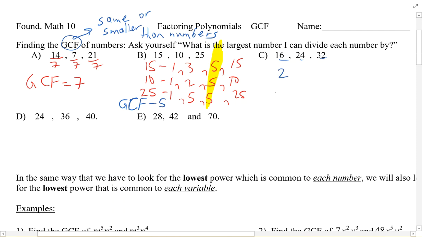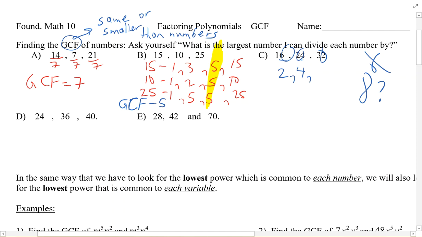What about 16, 24, and 32? I know 2 works for all of them. I know 4 works for all of them. Is there another larger number? Let's see. 6 works for 24, but it doesn't work for 32 or 16, so 6 is not one. What about 7? Doesn't work for all of them. What about 8? 8 works for all of them, so it could be 8.